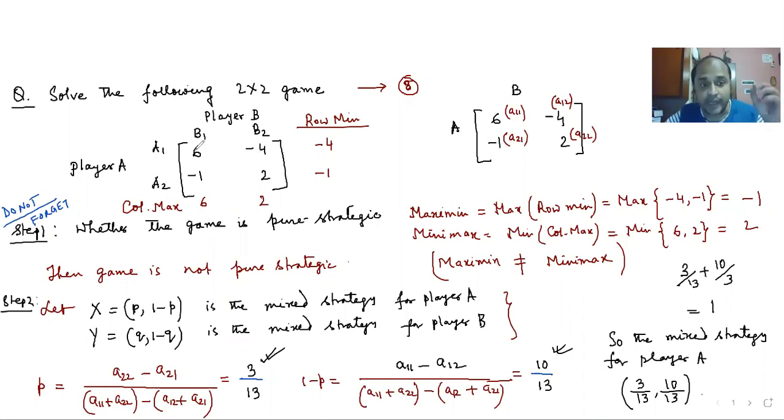But by looking at the 2 by 2 matrix, you directly apply the mixed strategy theory. Definitely a value will come. I'm not saying that a value will not come, but that value will be considered a garbage value. So you have to apply step number 1 first, then step number 2, and ultimately after finding the mixed strategy, you write step number 3.